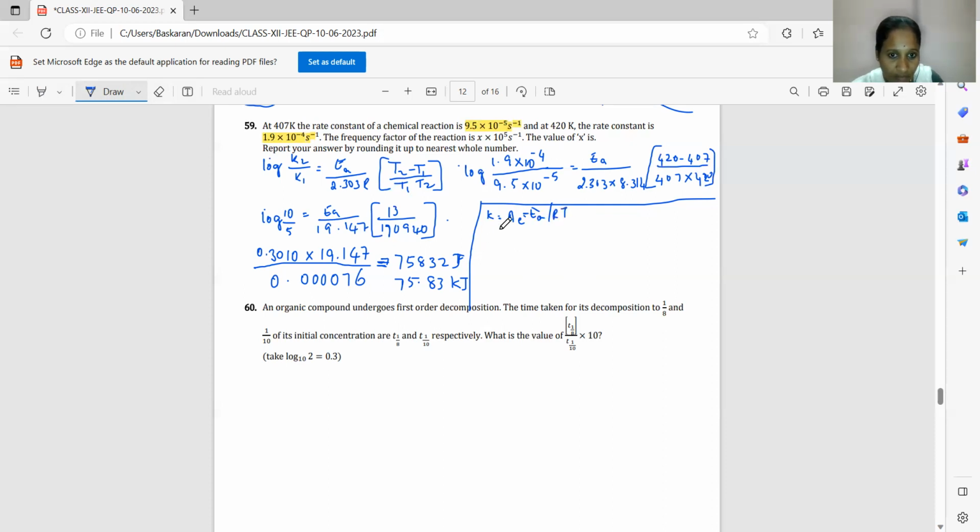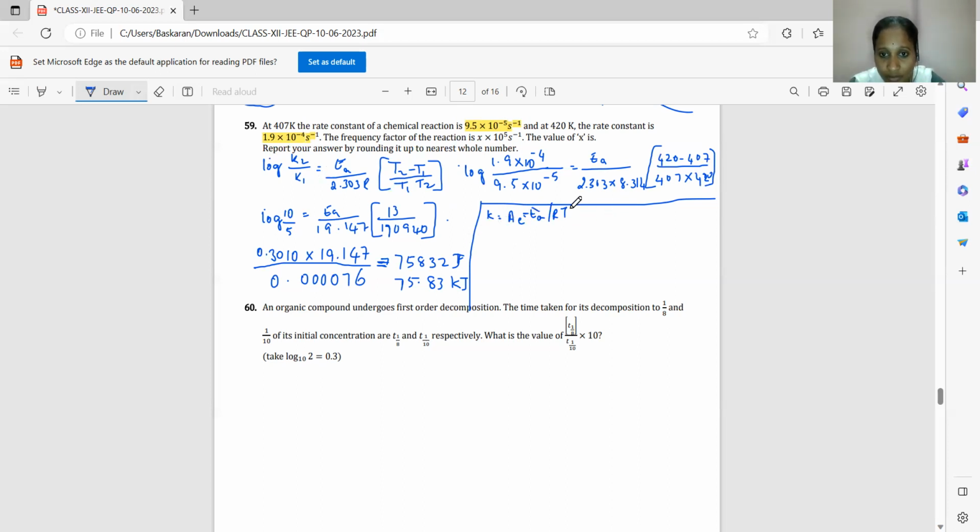Okay, what is the value of K? Anything you can take among these two. So here I have taken the value of 1.9. So hence I will apply log on both the sides.